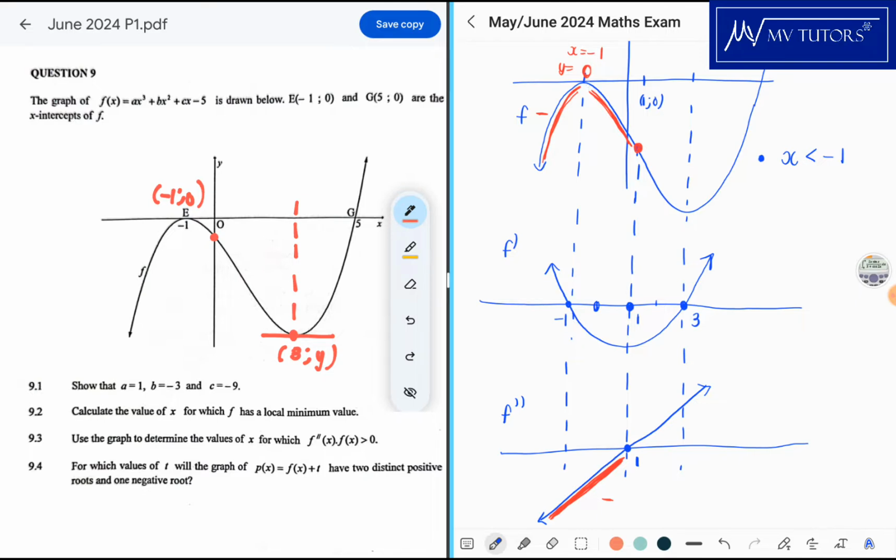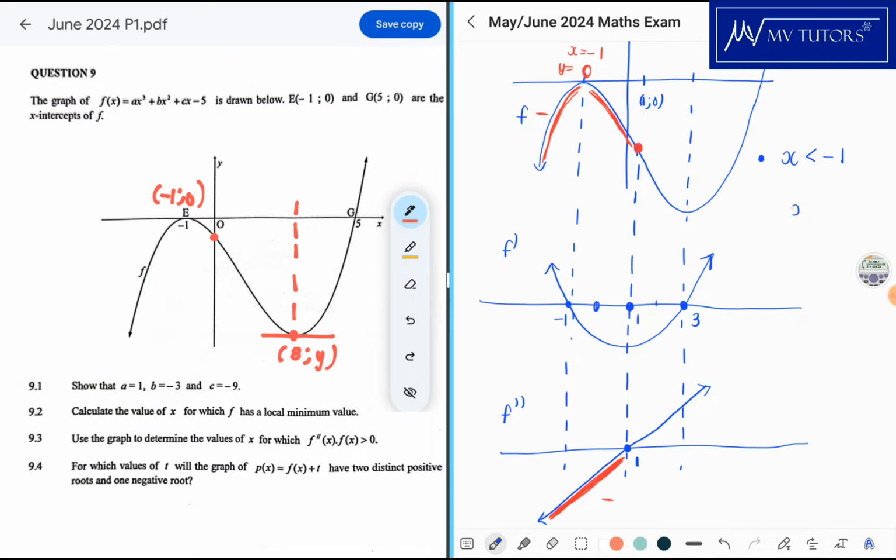And then I can't use -1 because there it's 0. And they didn't say smaller and equal to 0. They just said, they didn't say bigger and equal to 0. They just said bigger than 0. Okay, so I can't include x is equal to -1. So my first answer is x is smaller than -1.